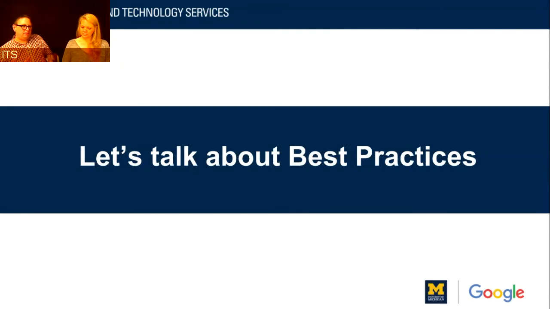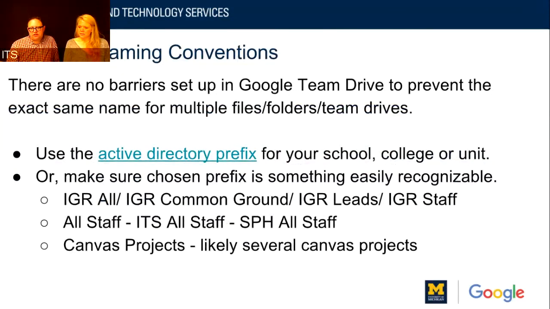So with the different nature of Team Drives, we wanted to talk a little bit about best practices as you start to think about if you want to use Team Drives. Naming conventions are pretty important. Currently, there are no barriers or limitations in Team Drive to prevent having the exact same name for multiple Team Drives, multiple files, multiple folders.